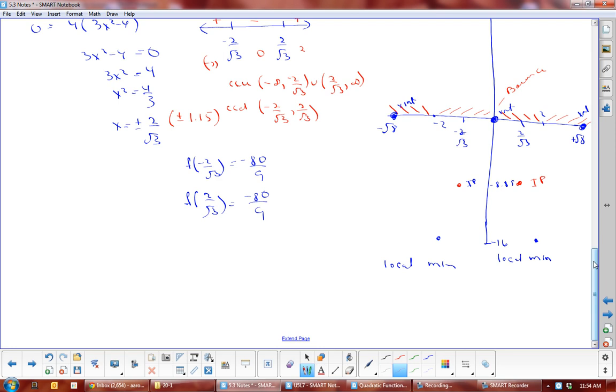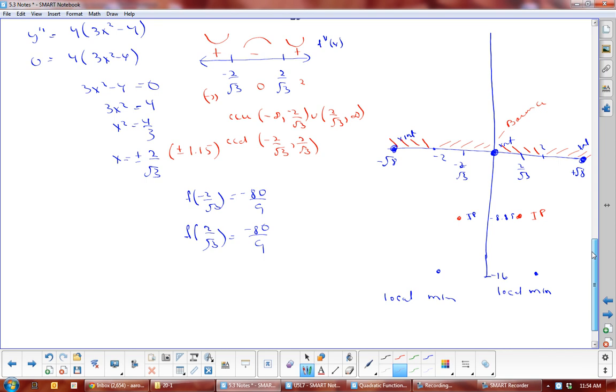And it says that I am concave up from negative infinity to negative 2 over root 3. So I'm concave up here, up, concave up, sorry. See, it pays to be slow.